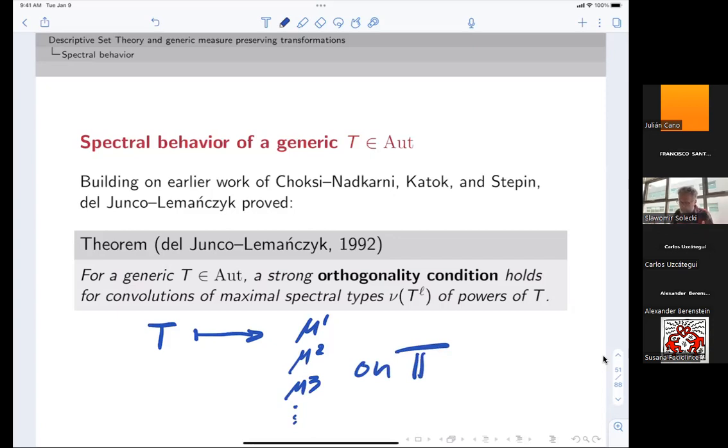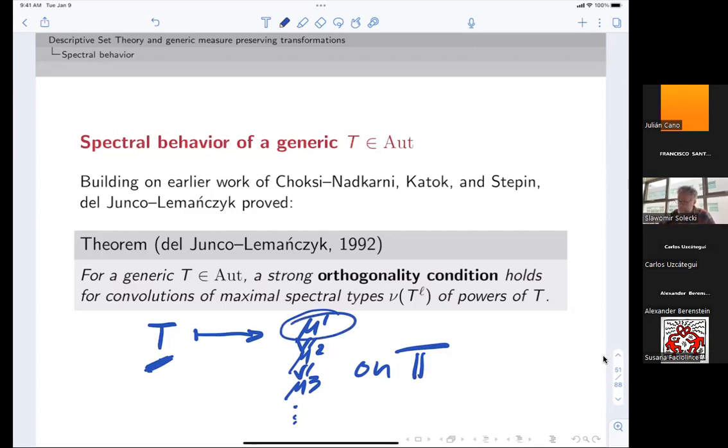So no matter how strange the spaces on which T does its action, one can assign in a canonical way a sequence of measures on the circle, and these measures are such that the next measure is absolutely continuous with respect to the previous one. So they are getting smaller and smaller. And this main one here is called the maximal spectral measure, for obvious reasons. It's the biggest one.